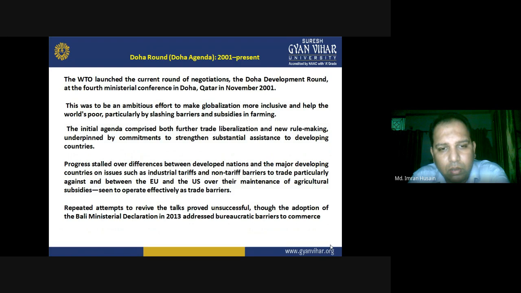Progress stalled over differences between developed nations and the major developing countries on issues such as industrial tariffs and non-tariff barriers to trade, particularly between the European Union and the US, over the maintenance of agriculture subsidies that operate effectively as trade barriers.